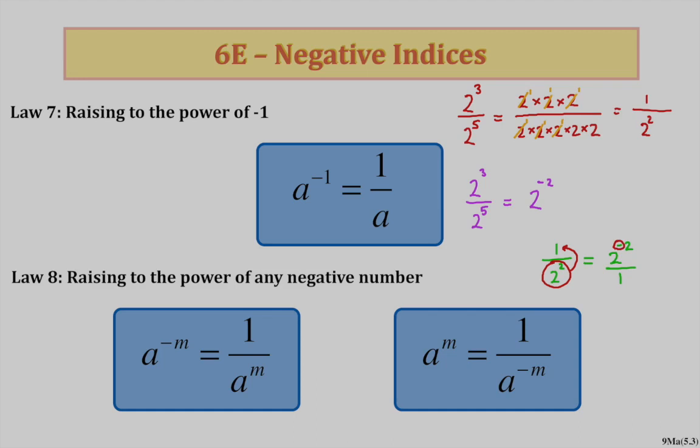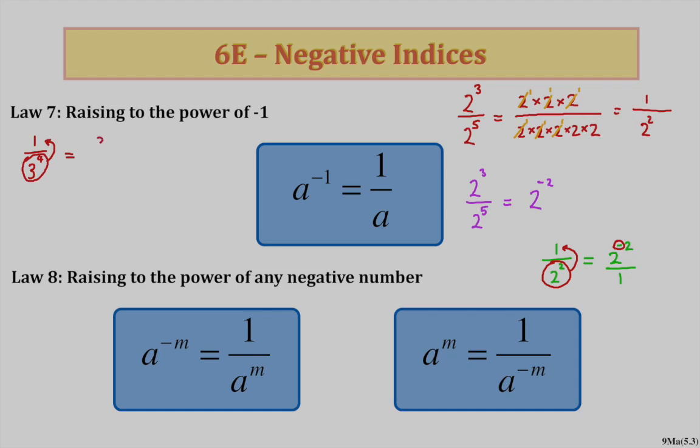So let's just think about that concept for a moment. If I come over here and I write 1 over 3 to the power of 4, I could move the 3 to the power of 4 across the fraction line.